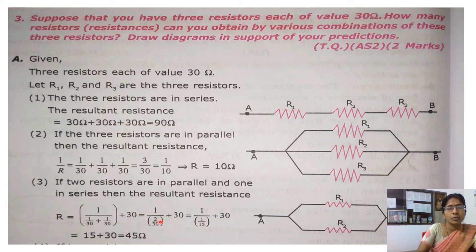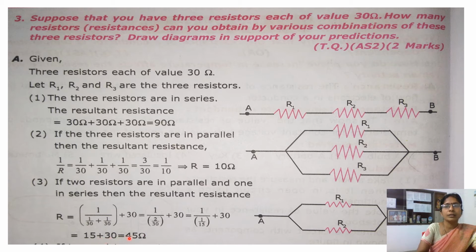On solving we get 1 by 15. When you divide 1 by 15, it is a reciprocal, so it changes as 1 into 15 by 1. So it becomes 15. So 15 plus 30 is equal to 45.